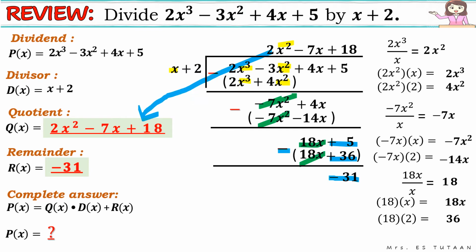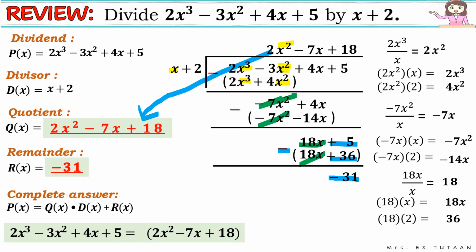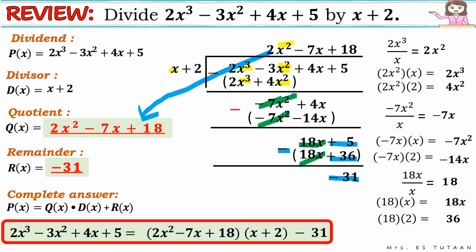At ang ating quotient ay ito. So, that will be our quotient. So, 2x squared minus 7x plus 18. So, to write the answer in the form q of x times d of x plus r of x, unahin muna natin isusulat ang ating given dividend, that is equal to quotient times the divisor plus our remainder.